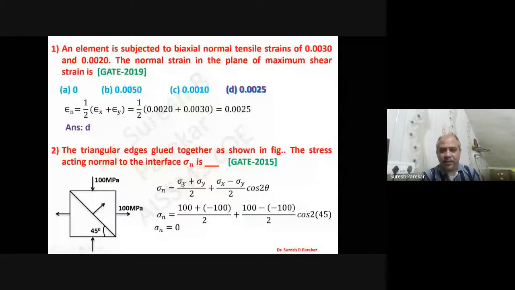First, sigma x plus sigma y: we have one plus another minus value, the same, so this becomes 0. And in the second term we have cos 90, this becomes 0. And so we have sigma n equal to 0.